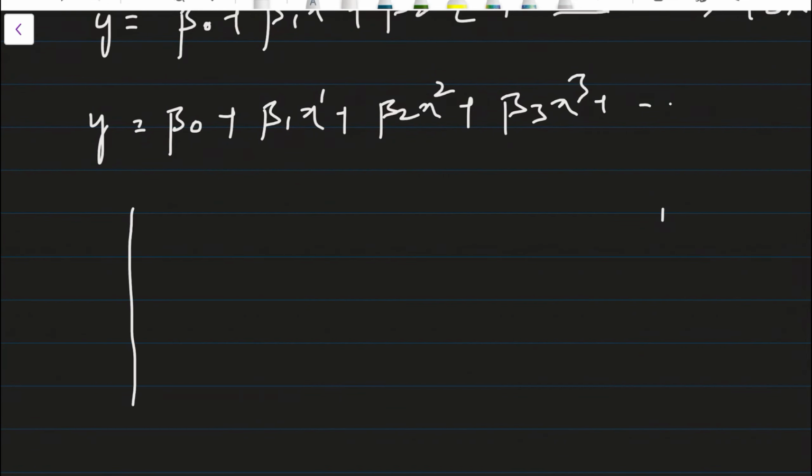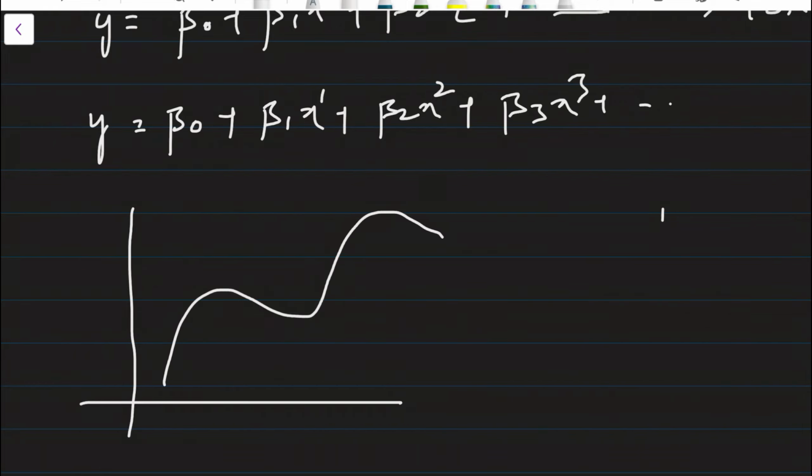Let us suppose you have this kind of data. The degree is most important in polynomial regression.